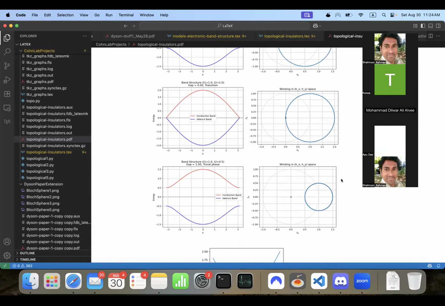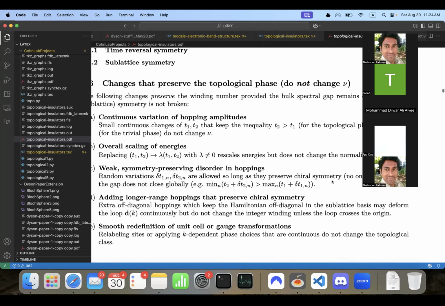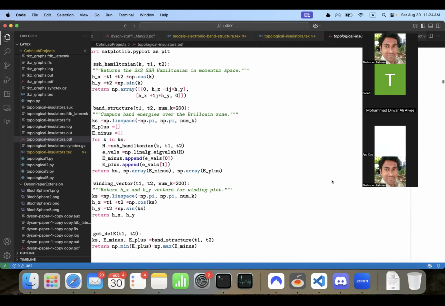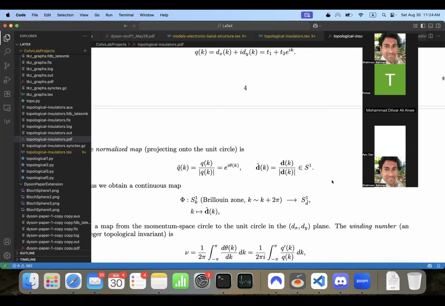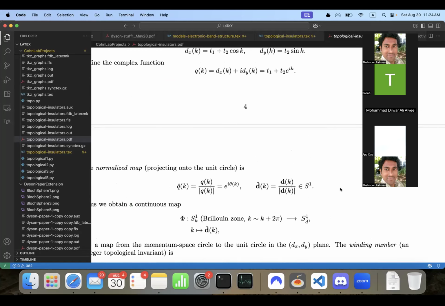Now, you might ask, why is it a circle, not an ellipse? Good question. The reason is when we plot, we normalize the d vector, and that's why it's a circle. Okay.